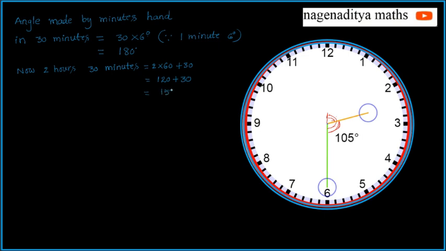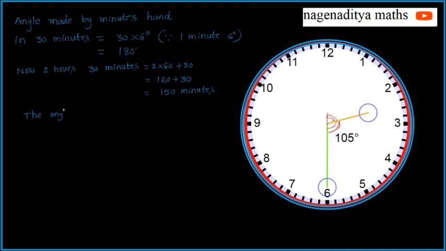Now we have to find the angle made by the hour hand in 150 minutes. We know that the hour hand makes an angle of half a degree in 1 minute.